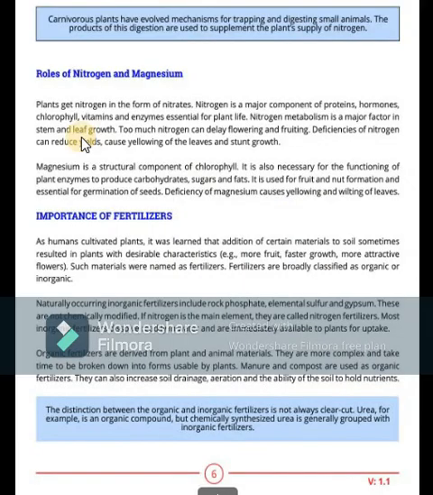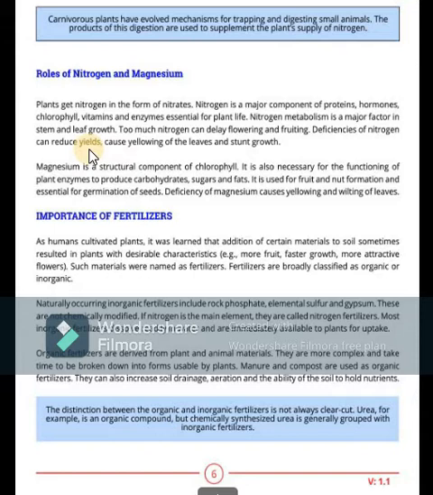The next thing is the role of nitrogen and magnesium in the plant. Plants get nitrogen in the form of nitrates. Nitrogen is a major component of proteins, hormones, chlorophyll, vitamins and enzymes essential for plant life. Nitrogen metabolism is a major factor in cell and leaf growth.